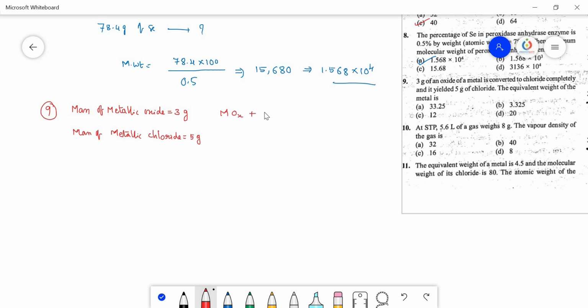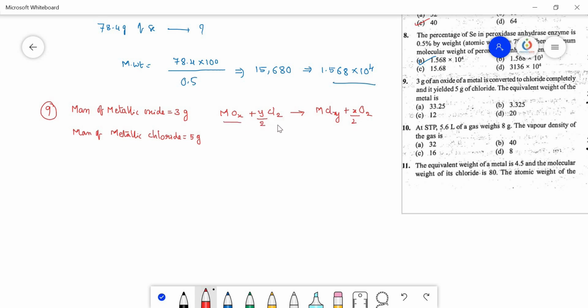This is the metallic oxide that reacted with the chlorine and finally gives the metallic chloride, and oxygen has come out. Then how to balance this one? Let us imagine Y number of chlorines are there. So here Y by 2, and here X is there, so let us take X by 2. 2 cancel X oxygens, 2 cancel Y chlorines are balanced in the reaction.